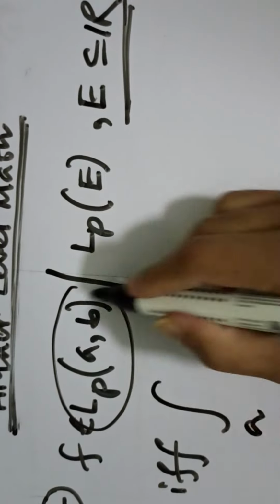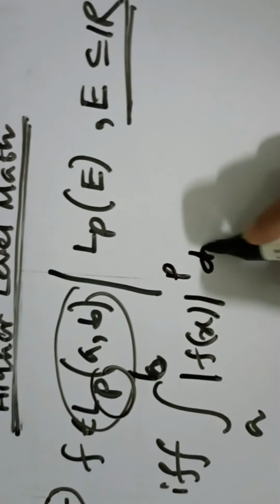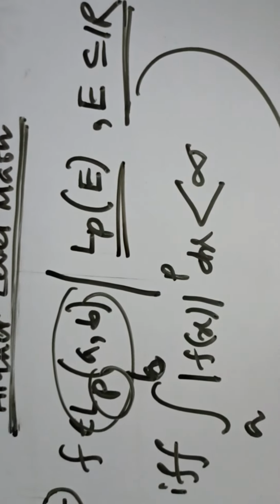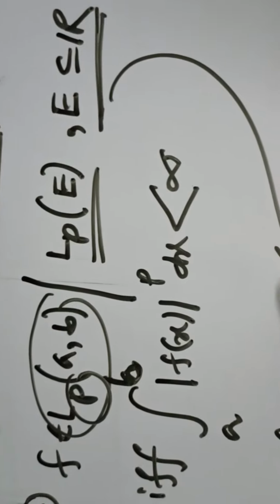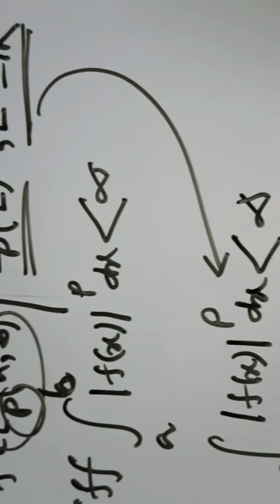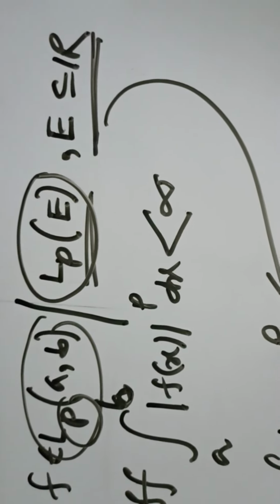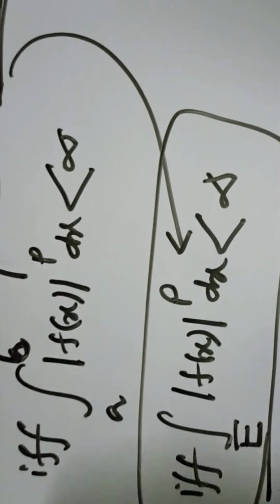If it is LP[a, b], then the integral from a to b of |f(x)|^p dx will be finite. And for the set, if it is LP(E), then the Lebesgue integral over E of |f|^p ds will be finite.